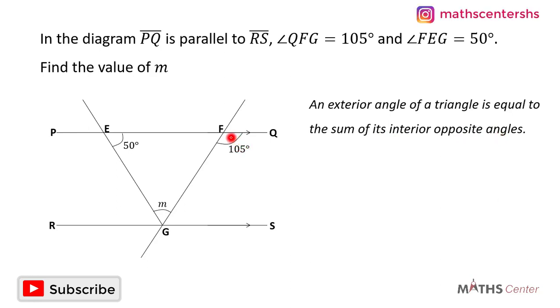The interior opposite angles of this exterior angle, which is 105 degrees, are 50 degrees and M. And the property says that an exterior angle is equal to the sum of its interior opposite angles.